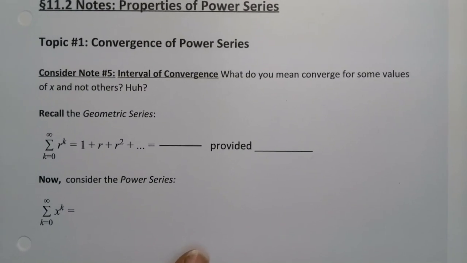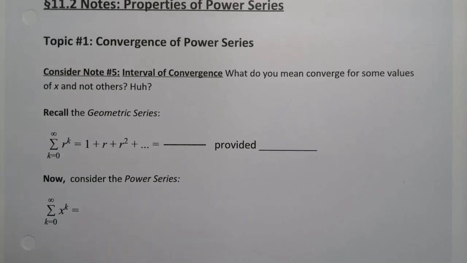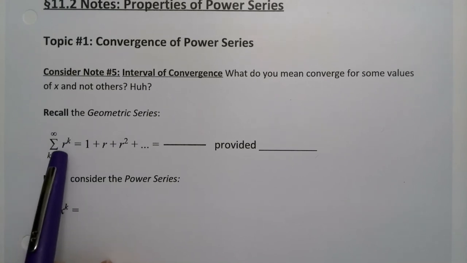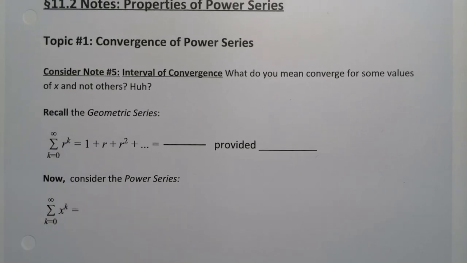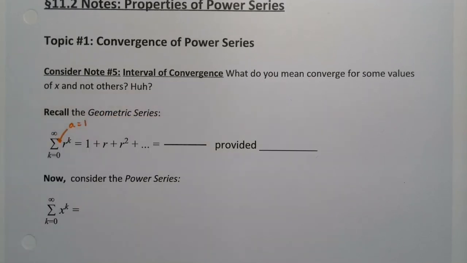Now remember, we know about the geometric series. A geometric series, of course, in this particular one is a times r to the k, but a is 1. You can see that there's no value in front of the r, so therefore it must have been 1.